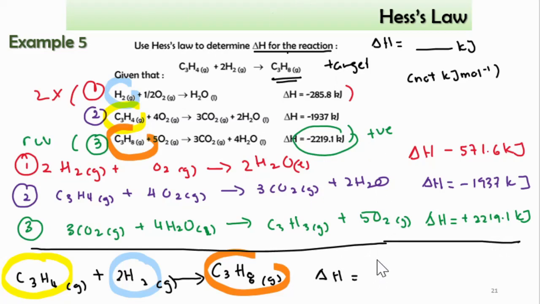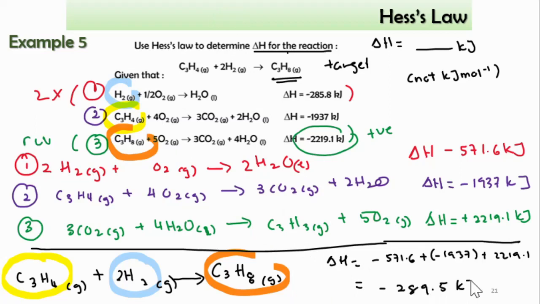Okay, so you can double check. Do you have all the target equation's species on the same side or not? And then cancel off the other species. And then you can calculate the delta H.